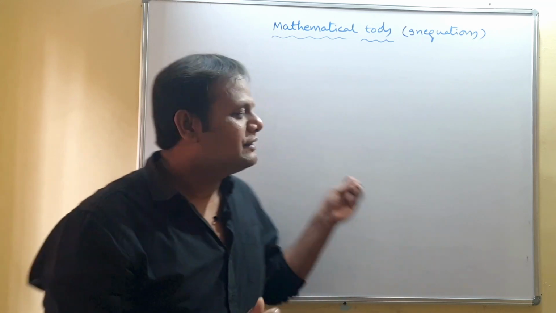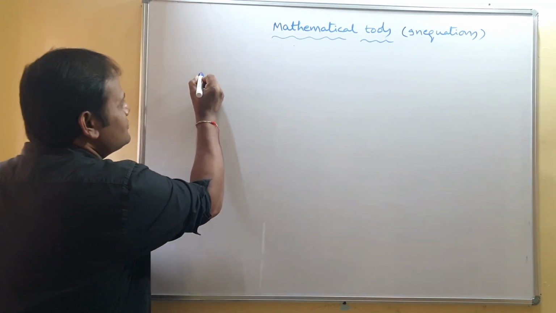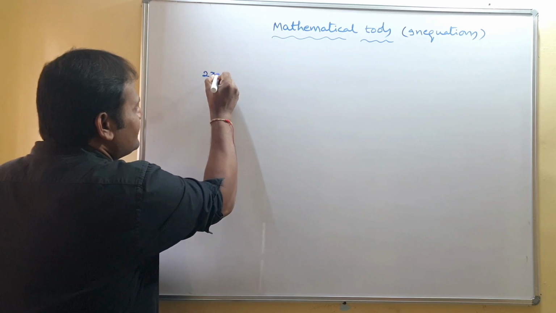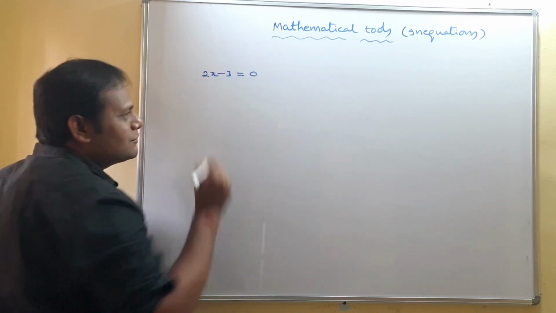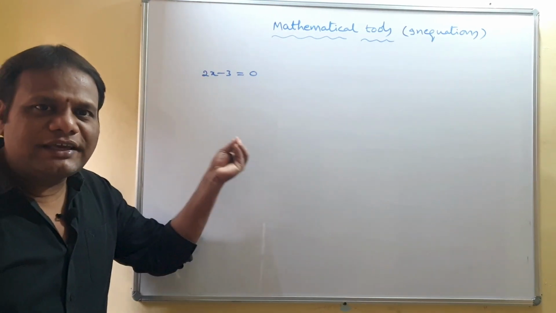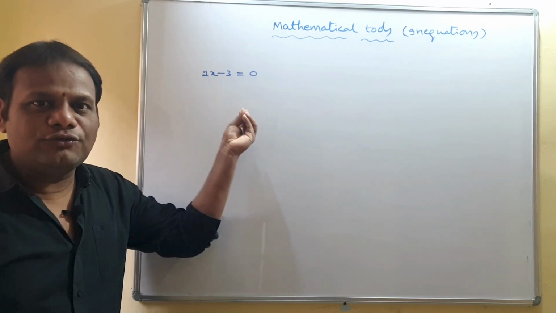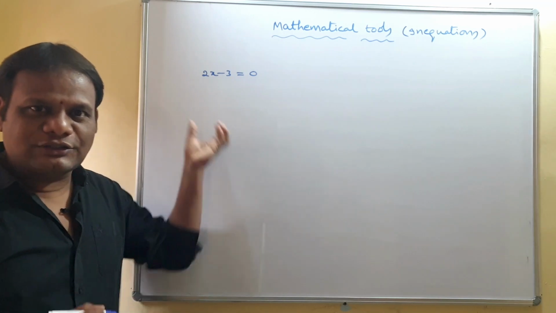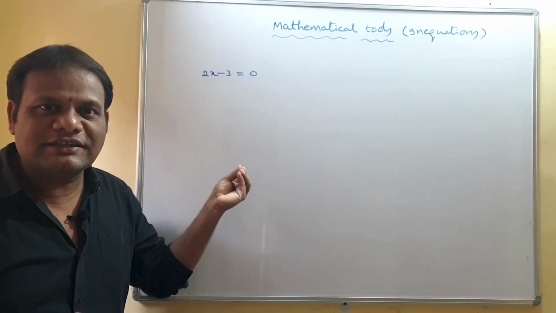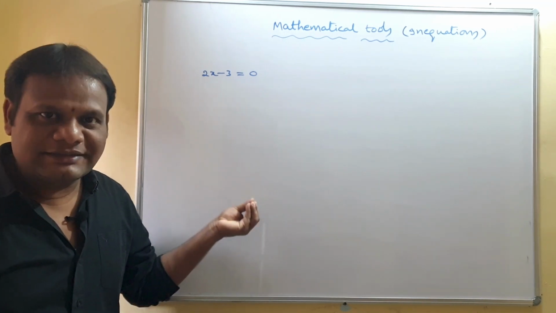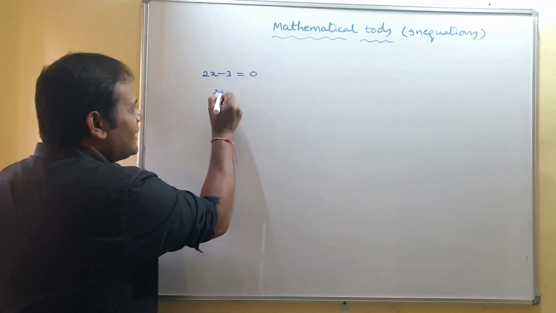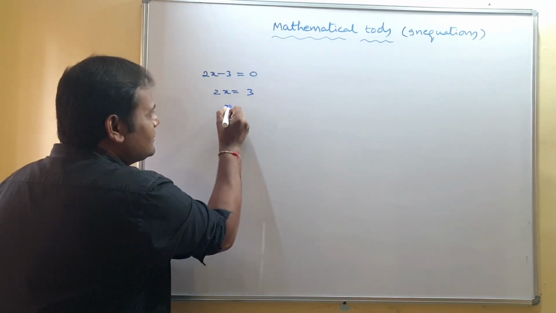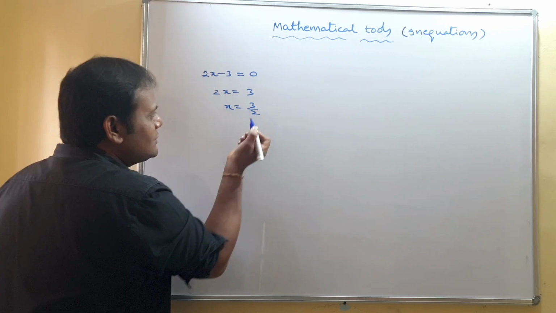Listen carefully. Suppose I am going to solve one equation, 2x minus 3 equal to 0. Solving an equation means you have to find the unknown value. The unknown is x. So we write 2x equal to 3, that is x equal to 3 by 2.